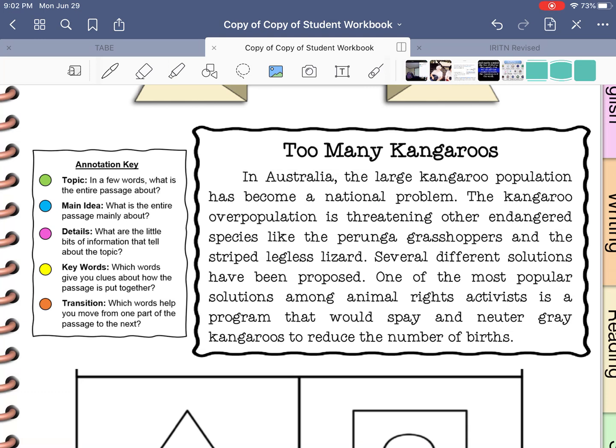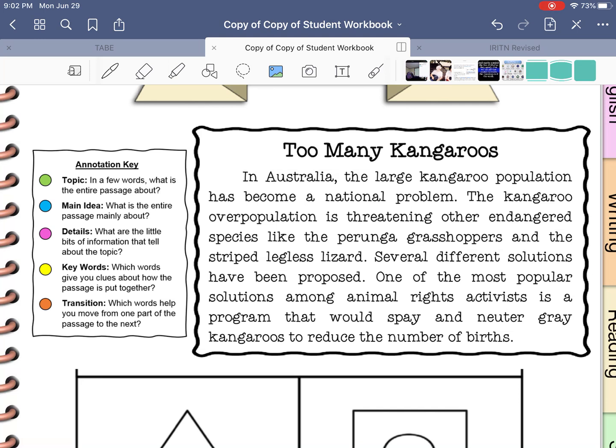The kangaroo overpopulation is threatening other endangered species like the purunga grasshoppers and the striped legless lizard. Several different solutions have been proposed. One of the most popular solutions among animal rights activists is a program that would spay and neuter gray kangaroos to reduce the number of births.